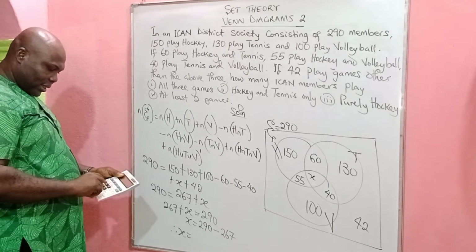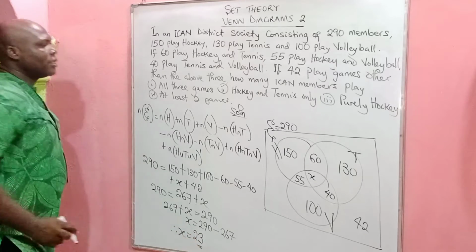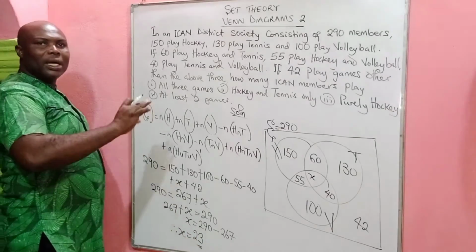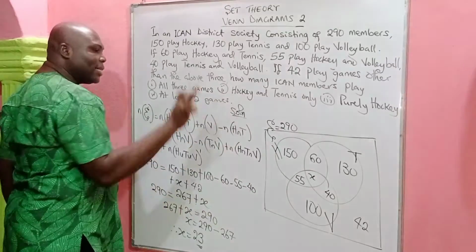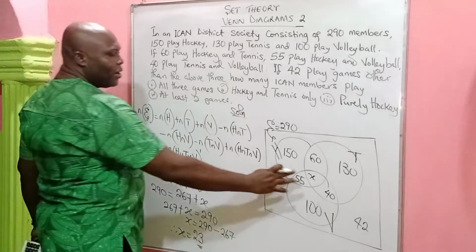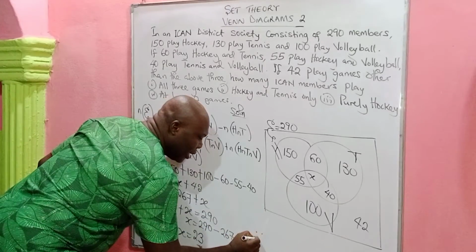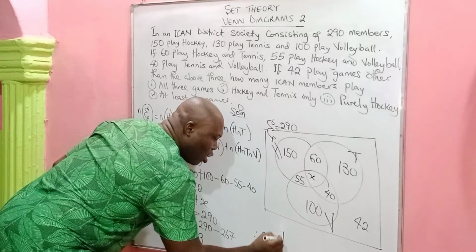So we are going to have 23. It therefore means that 23 of the members of the society in that district play all three games. So our value of x has given us 23.